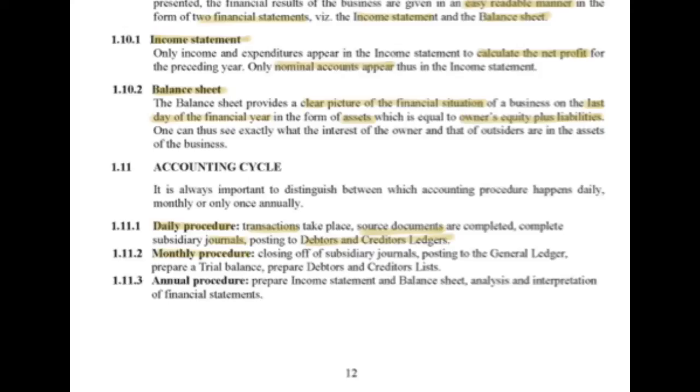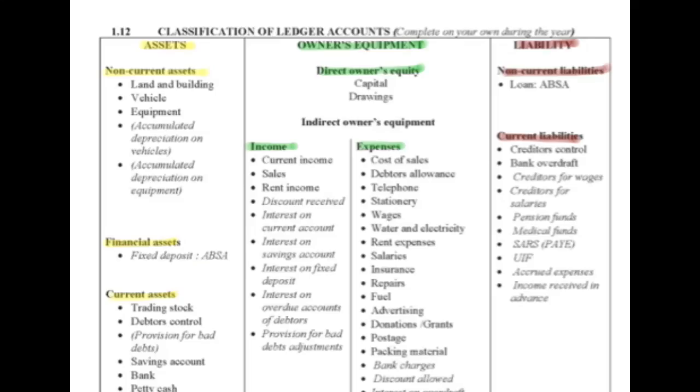Monthly, I close off my journals to my general ledger and I draw up a trial balance. I also prepare the debtors and creditors lists. Then our annual procedure is to prepare the income statement, the balance sheet, and then to analyze the financial statements.